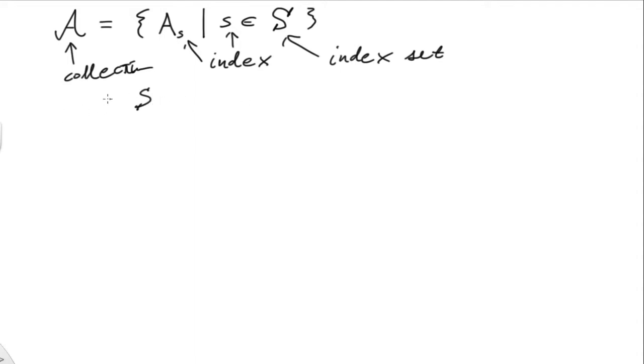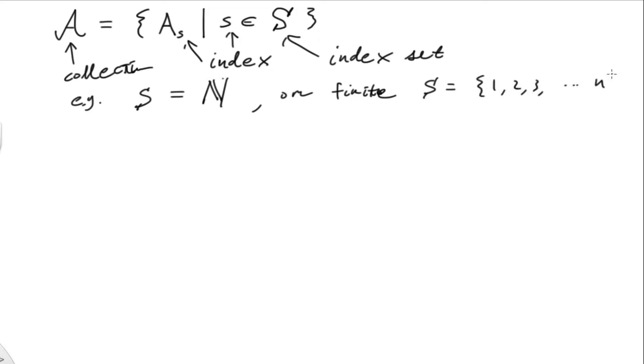So an example would be S equal to the natural numbers, just like we saw previously. Or it could be finite, so that S is equal to some finite number of numbers, 1, 2, 3, all the way to n at some stopping point.